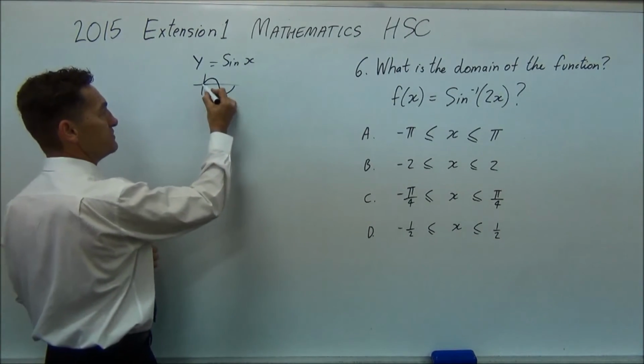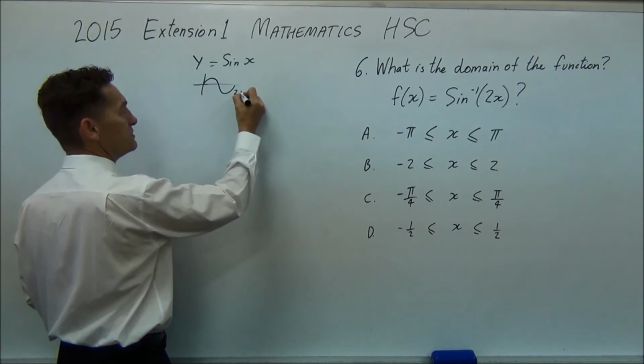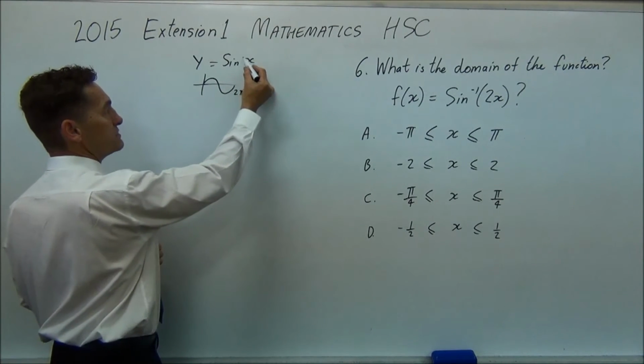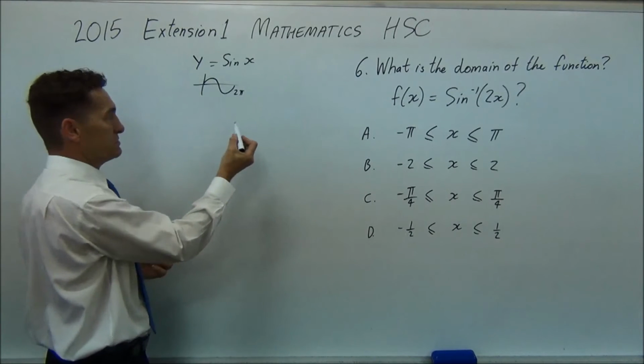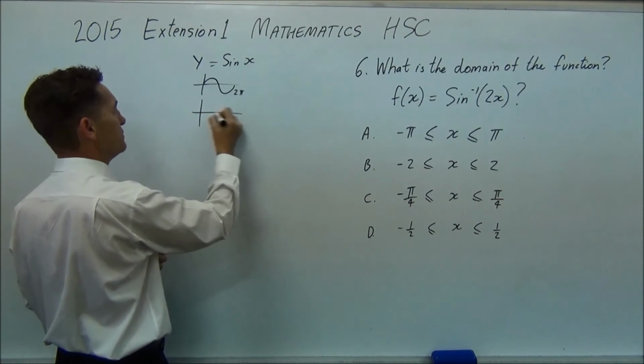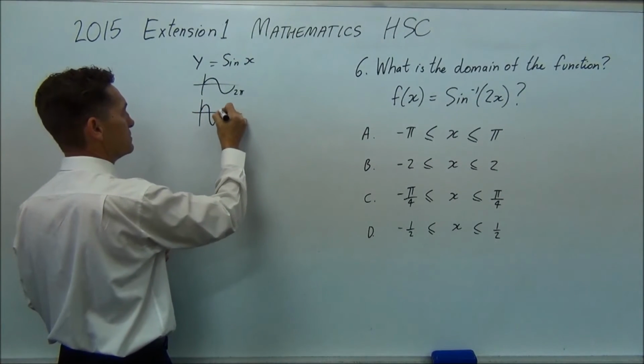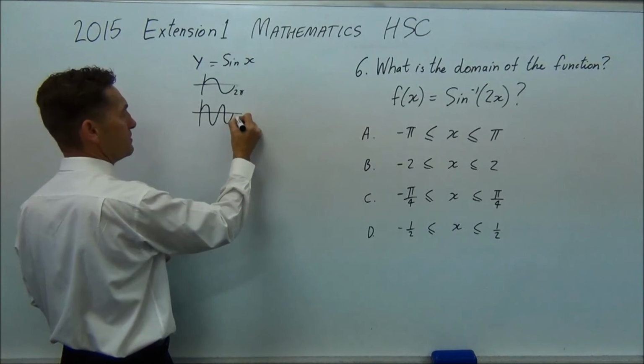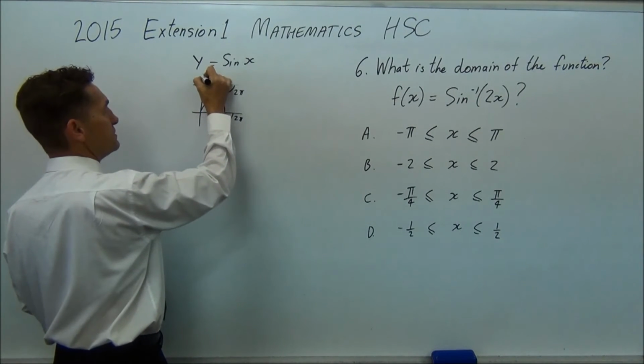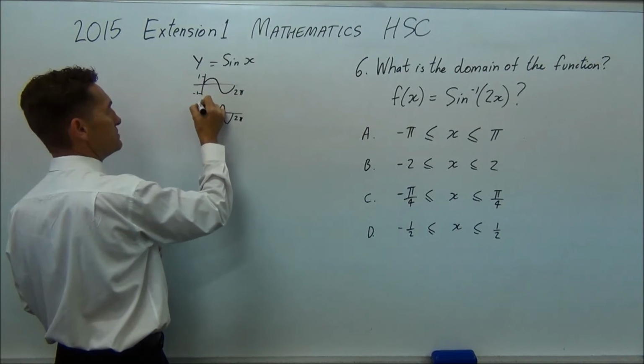Well, that means instead of this going between here and here, if that's 2 pi, you've got this 2, meaning this doubles. Okay, so really you've got this going up there. And this number here, that's 1 and that's minus 1, and this doesn't change.